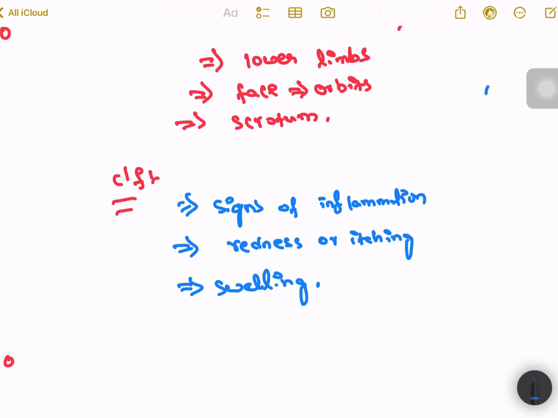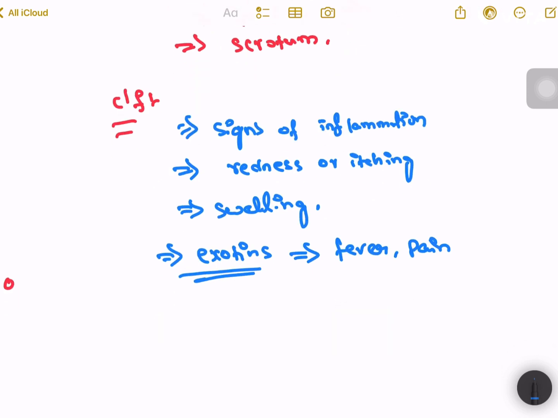Sometimes the infective organisms produce exotoxins. These exotoxins cause fever, pain, or sepsis.